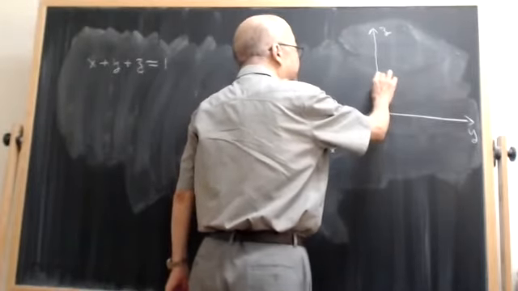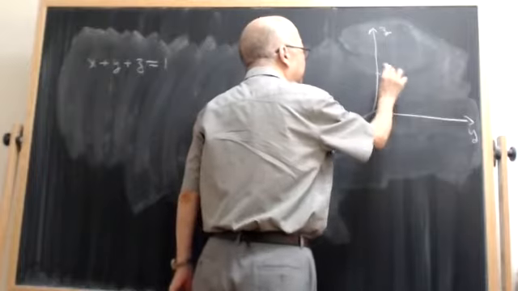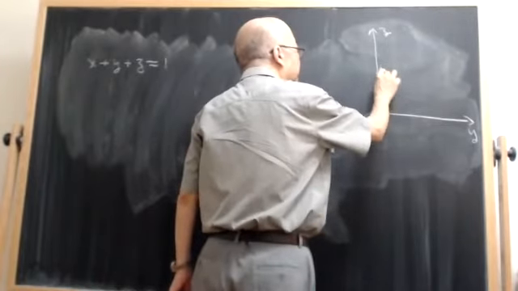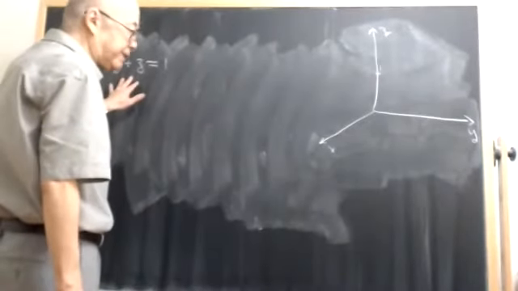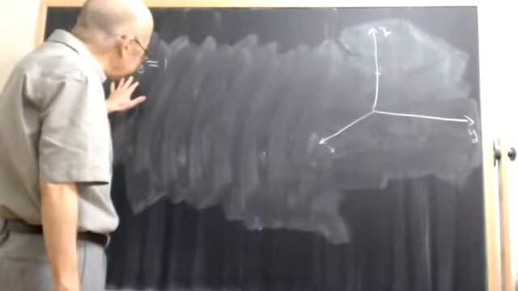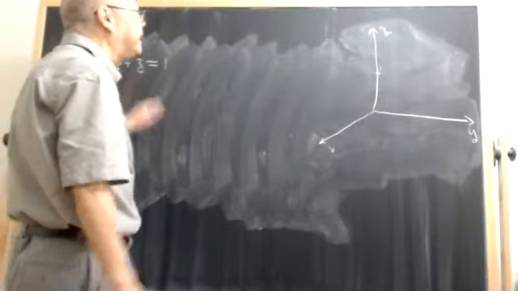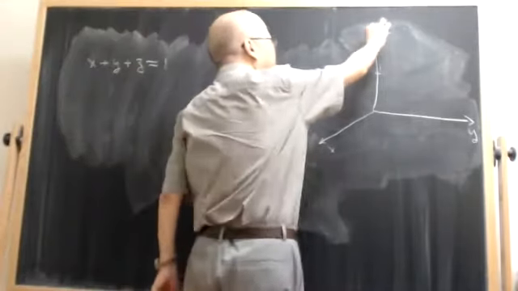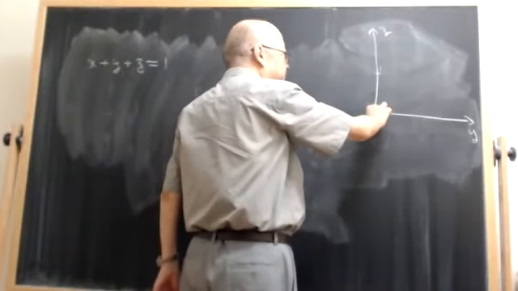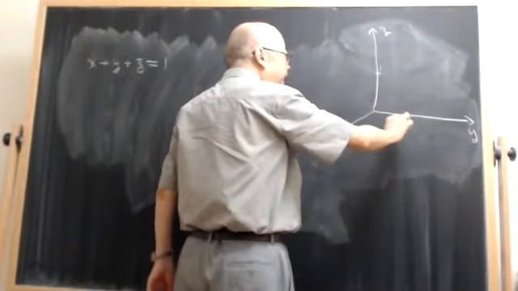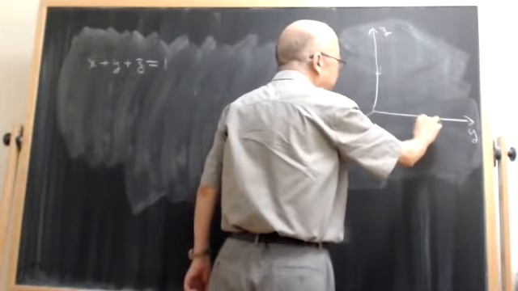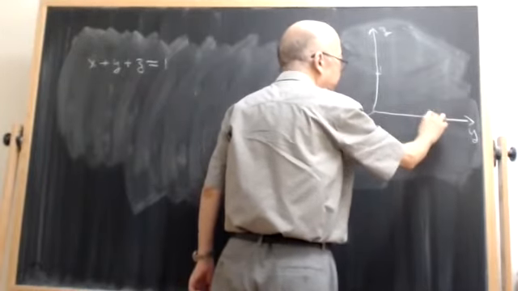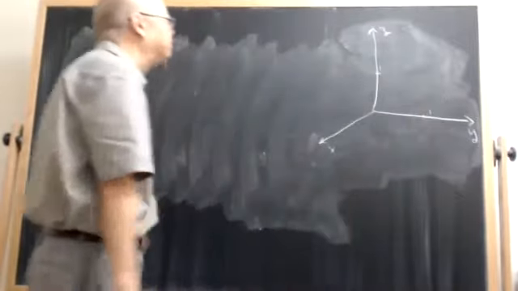And Z has to be equal to 1. Looking at Y plus Z equal to 1 again, when Z is equal to 0, you are here. And then Y has to be equal to 1. Okay? So I get a line.